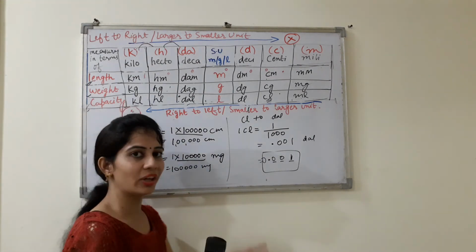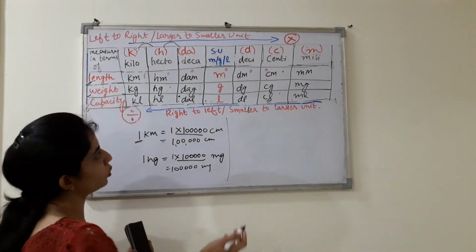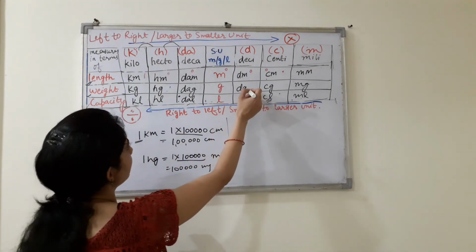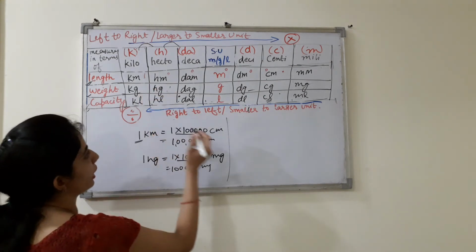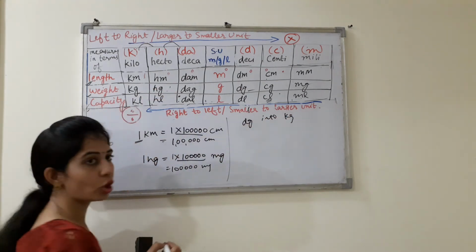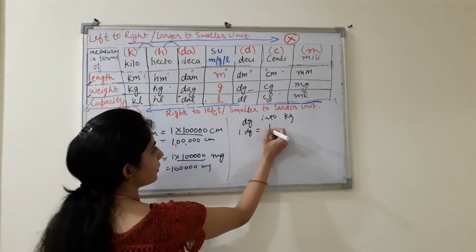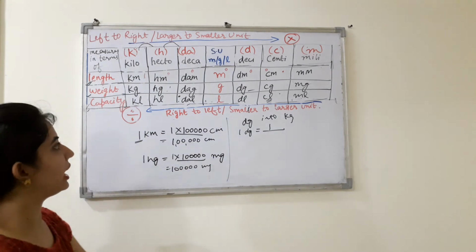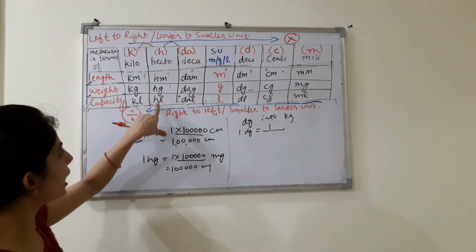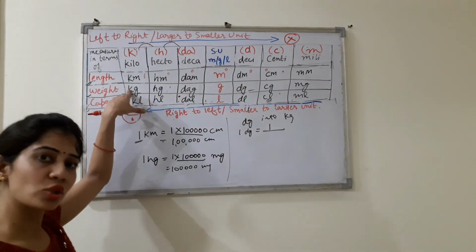Right? I am taking one more question of division. Suppose I want to convert decagram into kilogram. Decagram into kilogram, right? So simply 1 decagram. Now we are again converting a smaller unit into a larger unit. Decagram is smaller than kilogram, so we will divide.